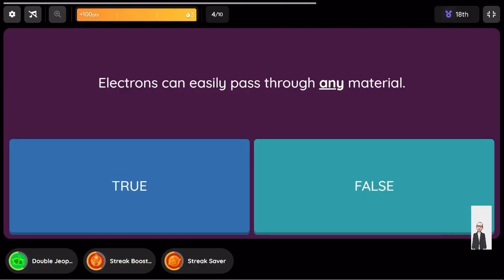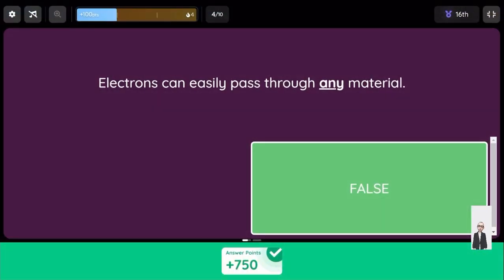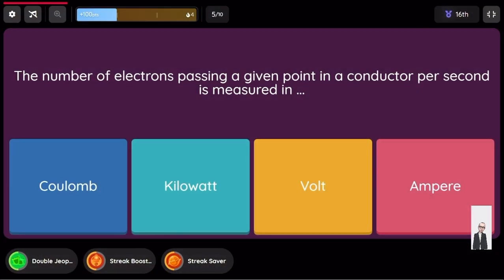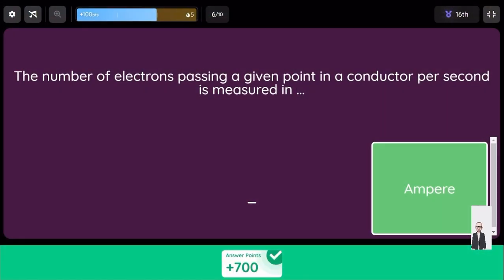Electrons can easily pass through any material. Is that statement true or false? Any material? Not any material. False. The number of electrons passing a given point in a conductor per second is measured in coulomb, kilowatt, volt, or ampere.